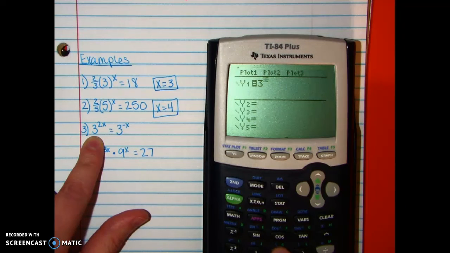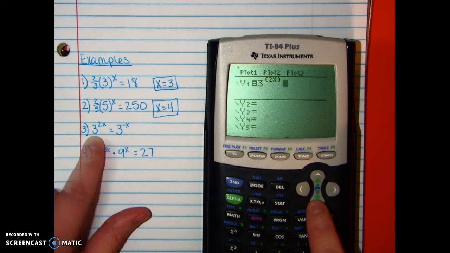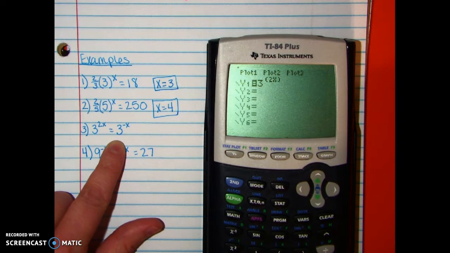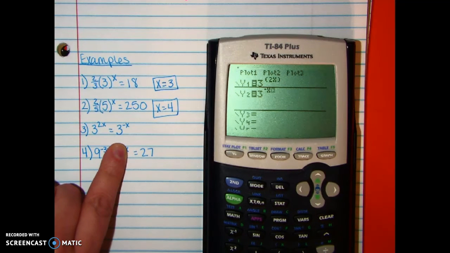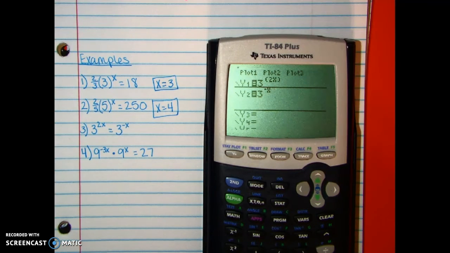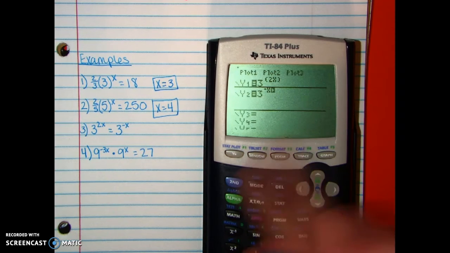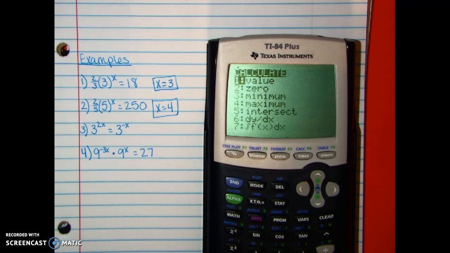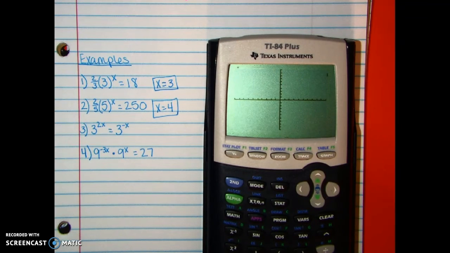So just put the 2x inside parentheses. The other side will be 3 to the negative x. You don't have to use parentheses on that one because there's nothing else being multiplied by that x. Second, trace 5 and let it graph.